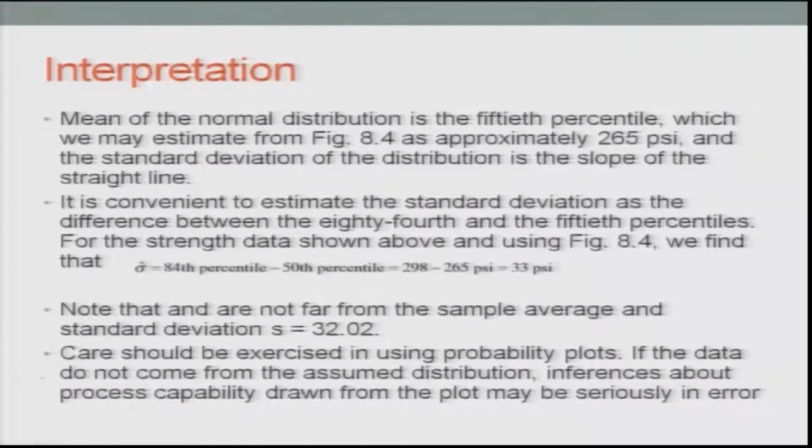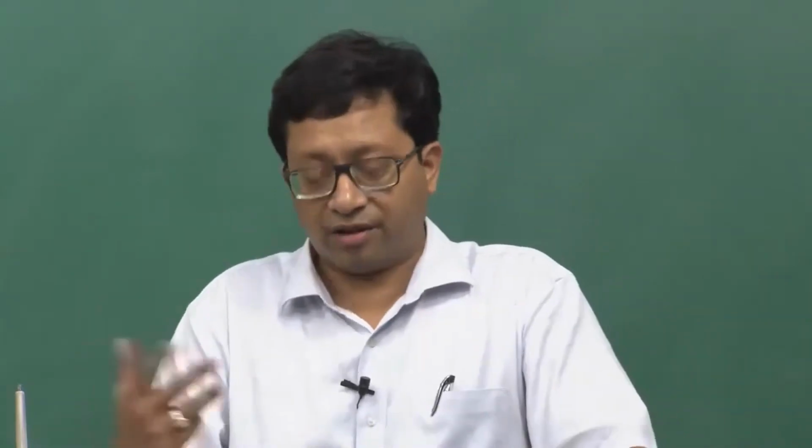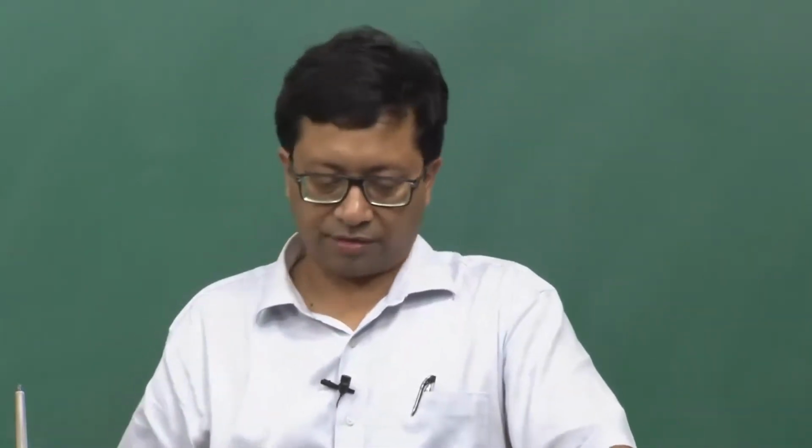So, care should be exercised in using probability plots if the data do not come from the assumed distribution. Inferences about the process capability drawn from the plot may be seriously in error, because there would be some conceptual error in the information based on which we are trying to draw the standard normal deviate or the distribution for process control.